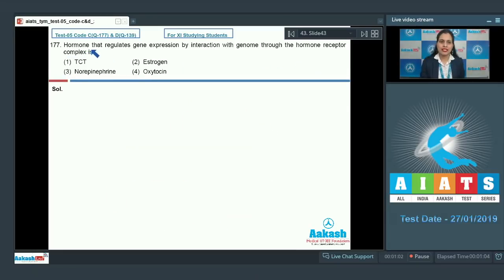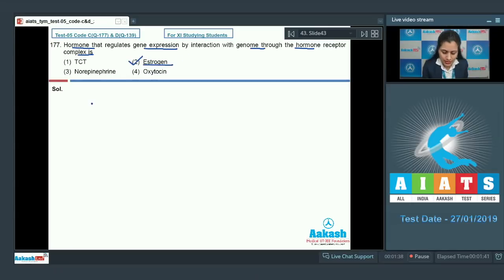Question number 177. Hormone that regulates gene expression by interaction with genome through the hormone receptor complex is. And the options are TCT, estrogen, norepinephrine and oxytocin. And we know that the hormone that regulates gene expression by interaction with genome through hormone receptor complex is option number 2, that is estrogen.